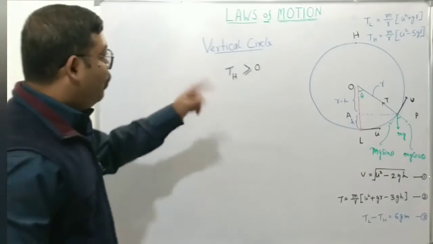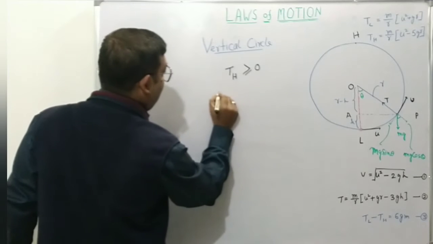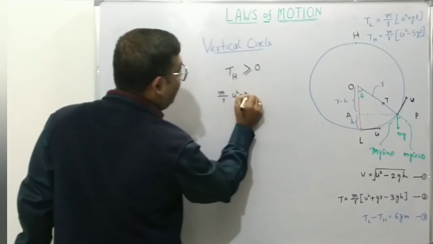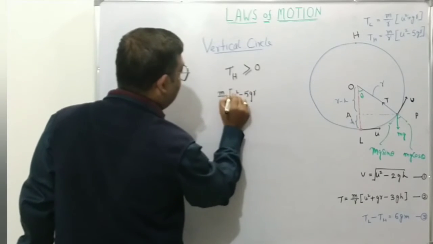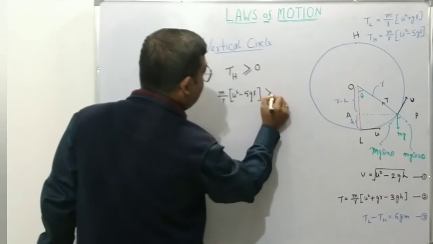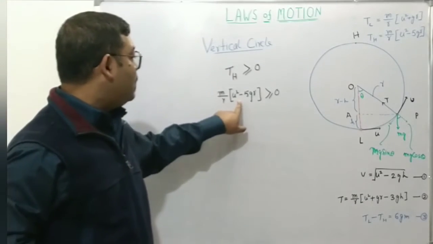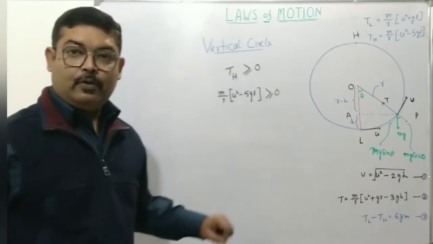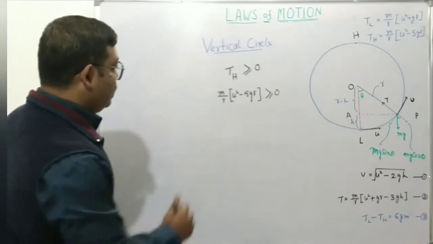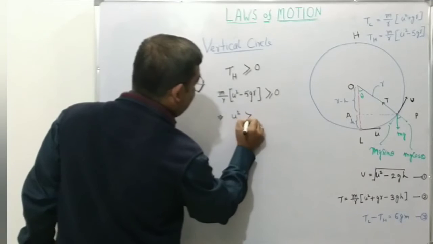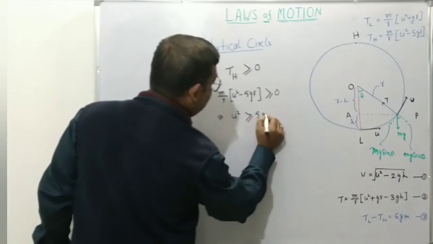Okay, which means that we must have m by r into u square minus 5gr must be greater than or equal to 0. m by r cannot be 0, which means u square minus 5gr must be greater than or equal to 0. m by r is anyway greater than 0. This will give us u square must be greater than or equal to 5gr.